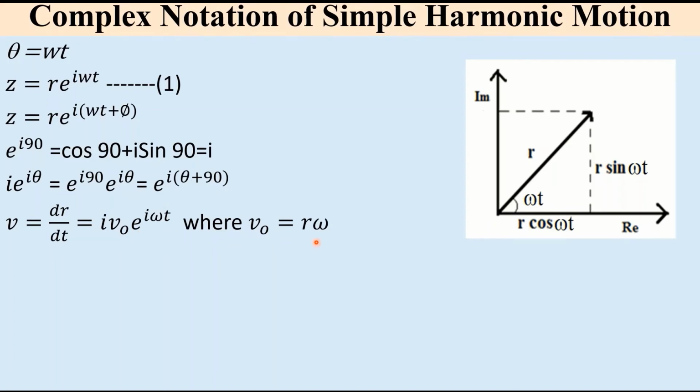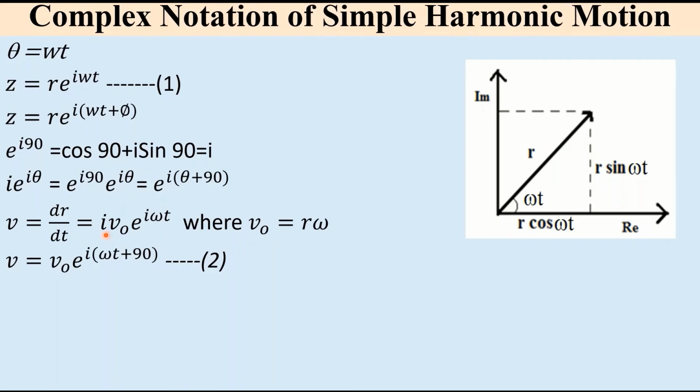So using the condition, if you multiply by i, that means you are rotating the vector by 90 degrees. So we will get v is equal to v naught into e to the power i into omega t plus 90 degrees, because here i is nothing but e to the power i 90.